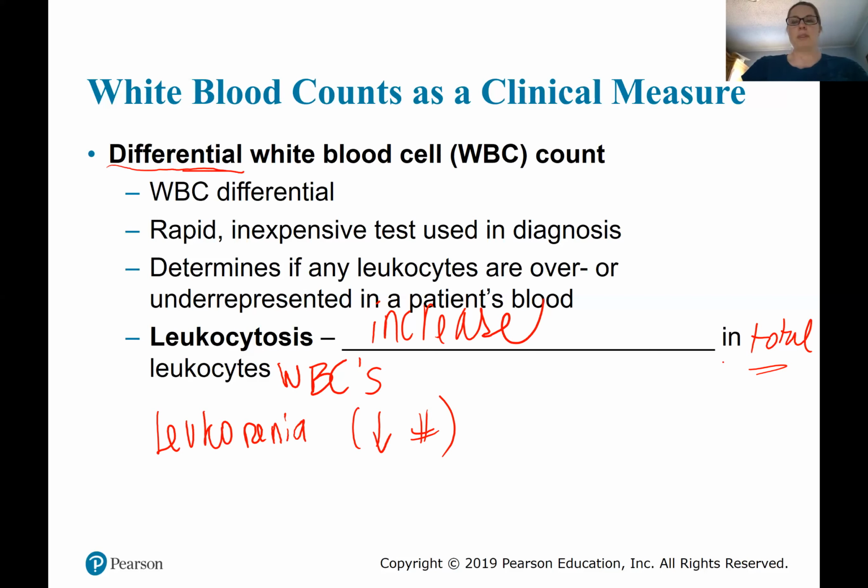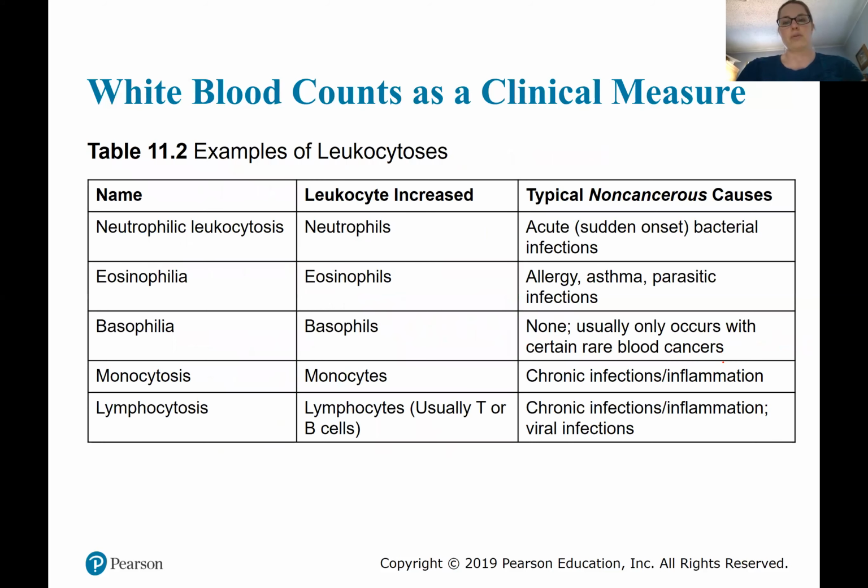You would see leukopenia in patients undergoing cancer treatment. Chemotherapy will destroy white blood cells and drop that. If a person is on immunosuppressant drugs, or has some types of leukemia, white blood cell numbers will also drop.